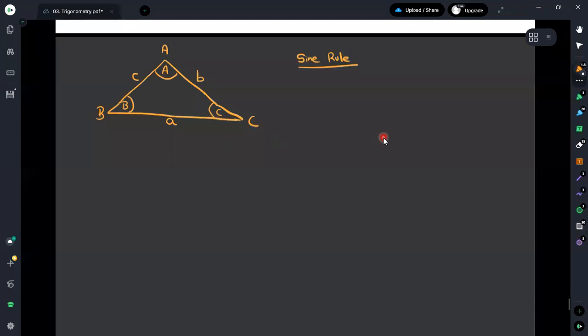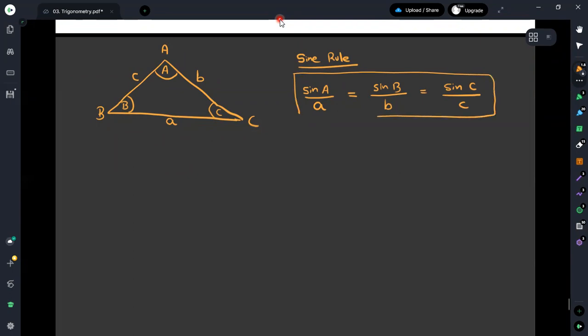Therefore, the sine rule can be defined as follows, starting from the angle A: the sine value of angle A divided by the length opposite to angle A, which is a, equals sine B divided by the length opposite to angle B, which is b, equals sine C divided by c. Therefore, this is what we define as the sine rule for a triangle.